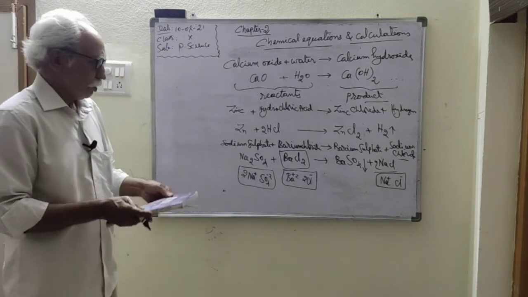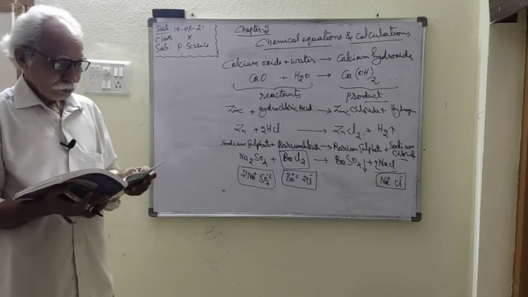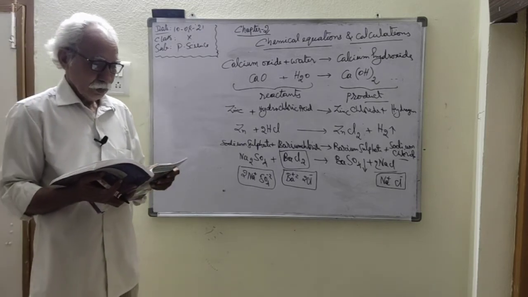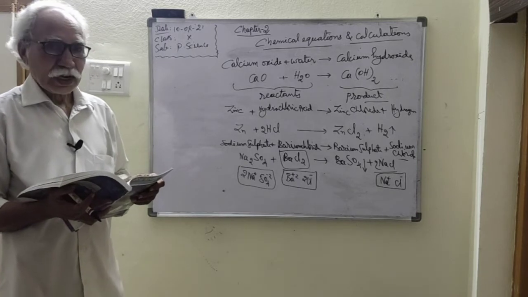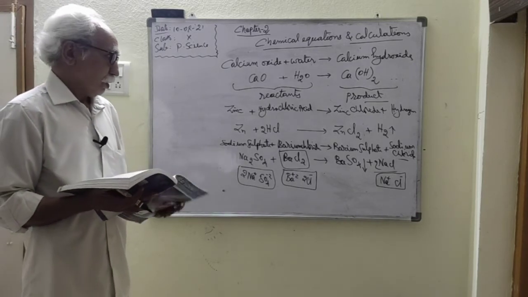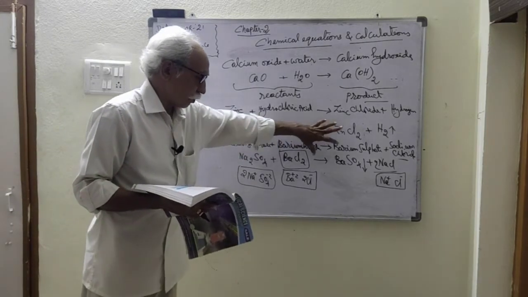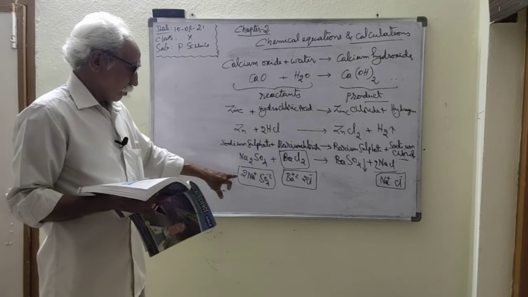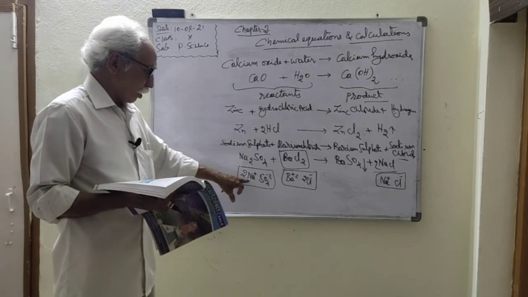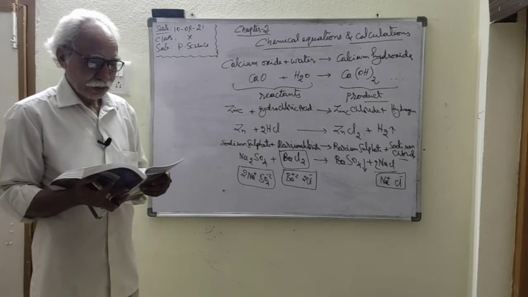This is called formula unit. Whether atom or ion or molecule corresponding to the given formula, the number of atoms or ions of each element present in that formula is called formula unit.